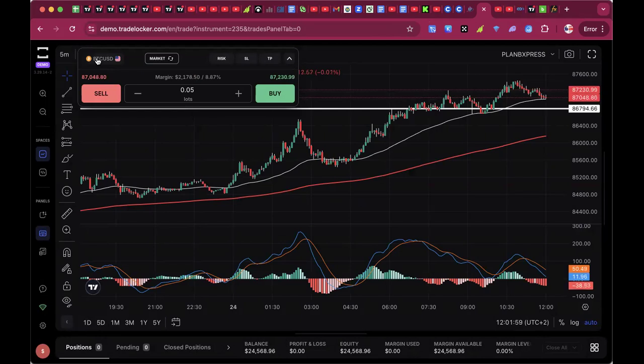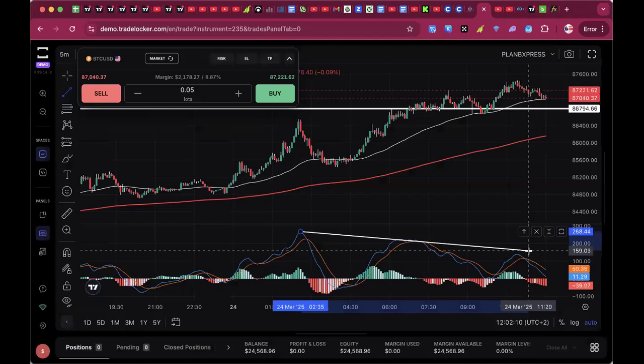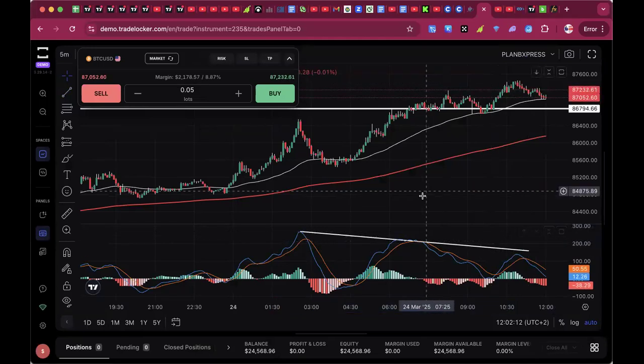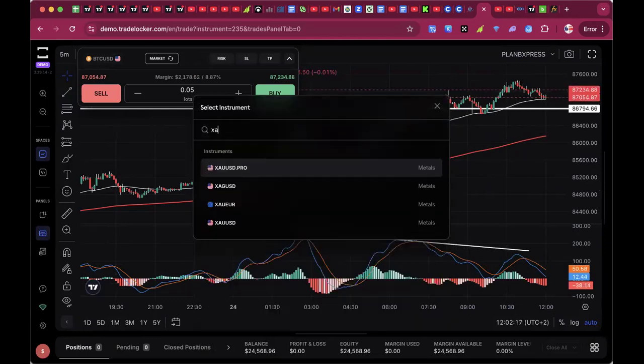Okay. So there's already, on this 5 minutes, bearish divergence with MACD on Bitcoin. So let's look at gold now.